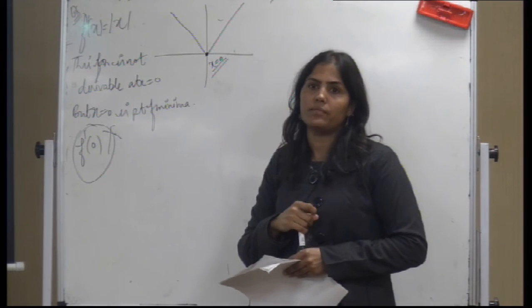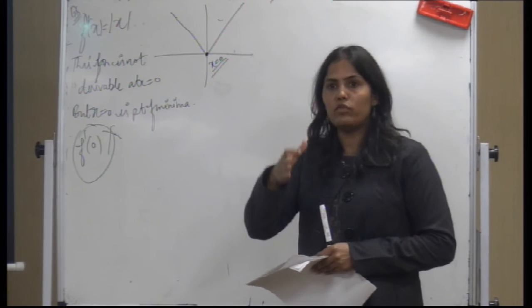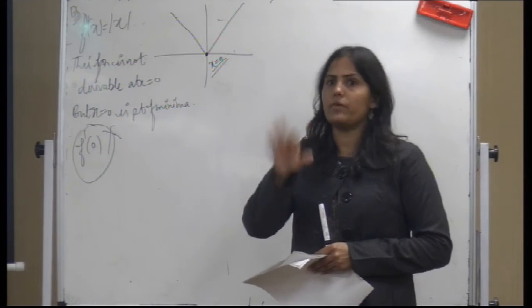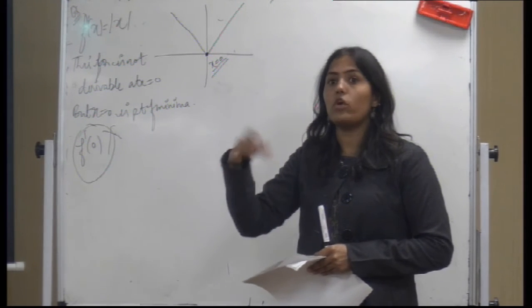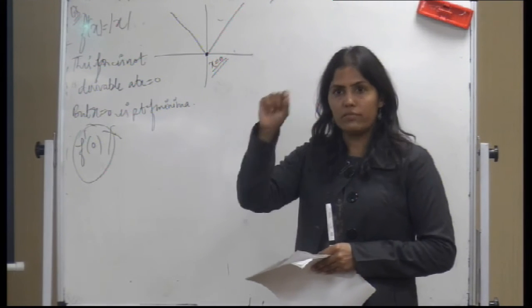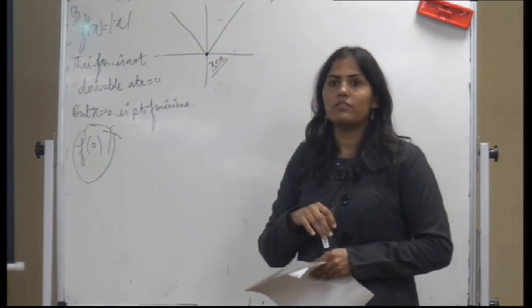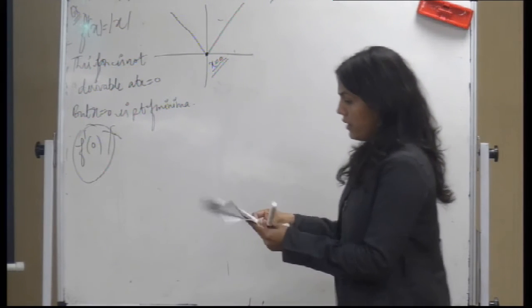This is the meaning. There is a necessary condition. The necessary condition says that if the point is a maximum point, 100% the derivative will be 0. But if the derivative is not existing or the derivative is 0, we cannot say anything about that point. So we have a necessary condition, we don't have a sufficient condition. This is the difference between necessary condition and sufficient condition.